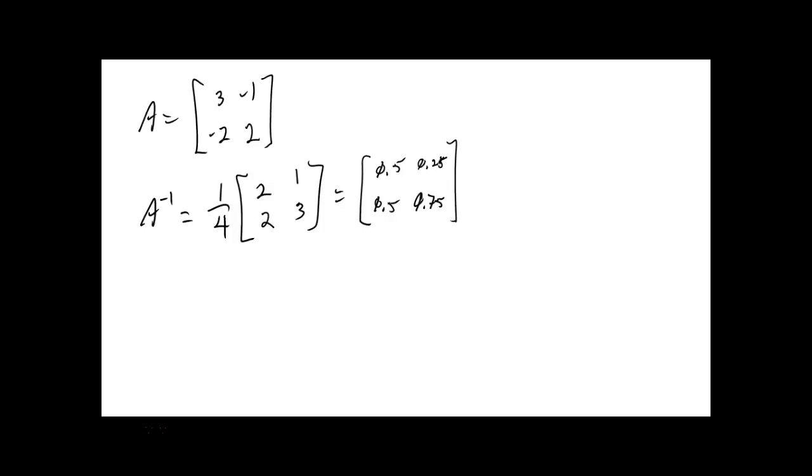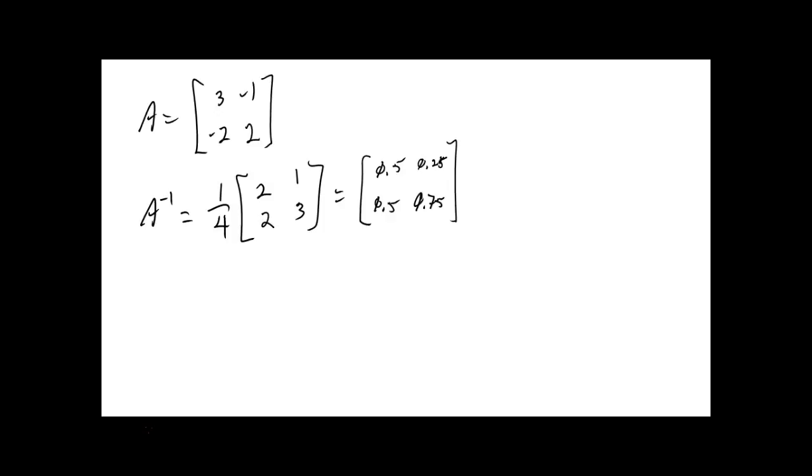3 times 0.5, that's 3 times a half would be 3 halves, right? 3 halves minus a half would be 2 halves, which is 1. That's the first entry of that identity.